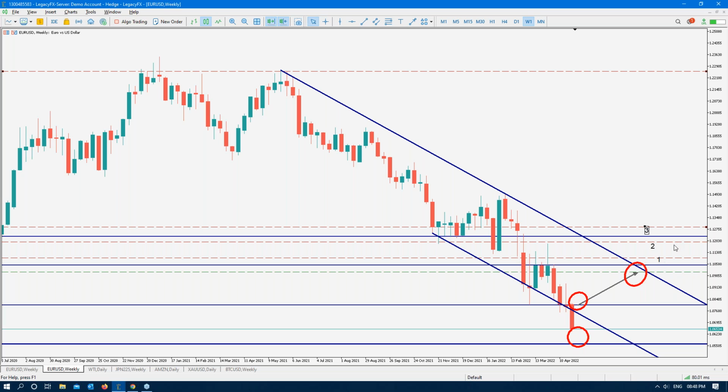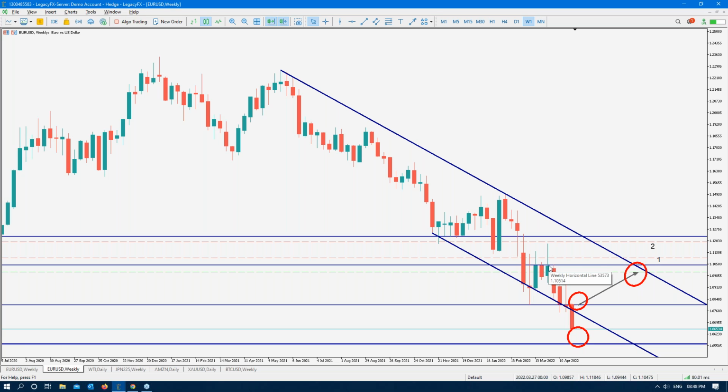But what about 2? Because a lot of people looked at this wick and thought, well, I want to be outside that wick, so that doesn't happen again. Is that true? Who thought 2 because of the wick? There were quite a few 2s. Now, although it is a true statement that you want to be outside the wick, this wick happened within the channel, which it is free to move into.